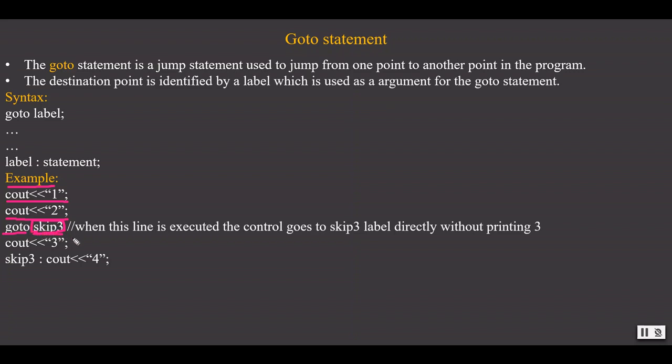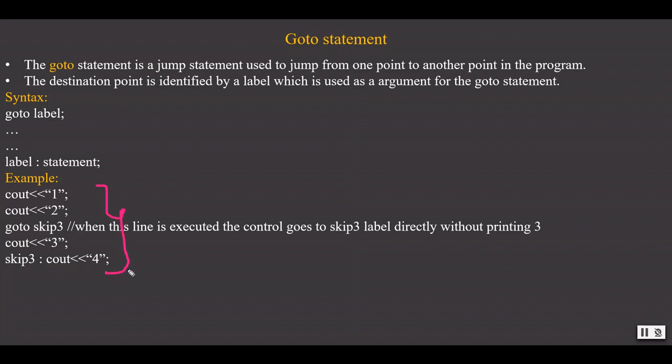So this statement is skipped. It is searching for the statement line where this label can be found. So the control goes to this line where the label is found and the statement associated with that label gets executed.